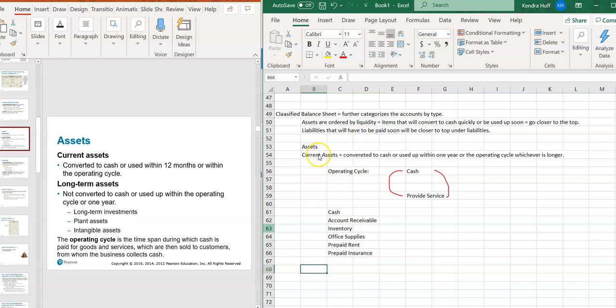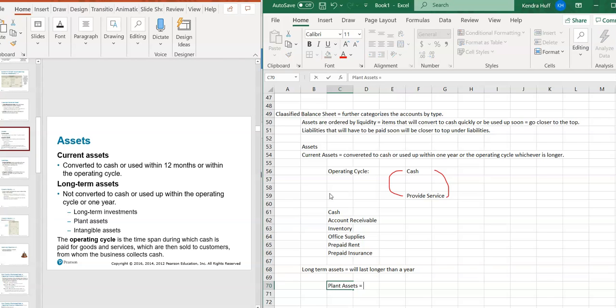Items that are not considered current assets, because they have a life of more than 1 year, they're going to last longer than a year. Those are long-term assets. And they basically will last longer than a year, or the operating cycle. One of the main ones that we'll be using in this category are plant assets.